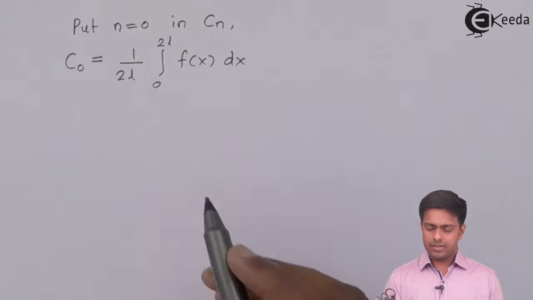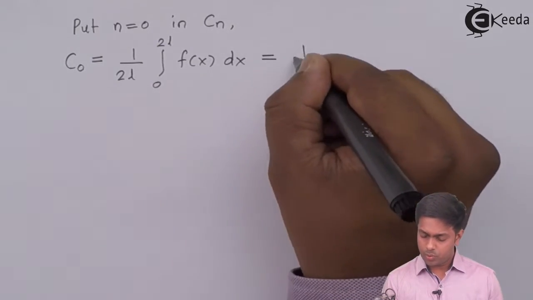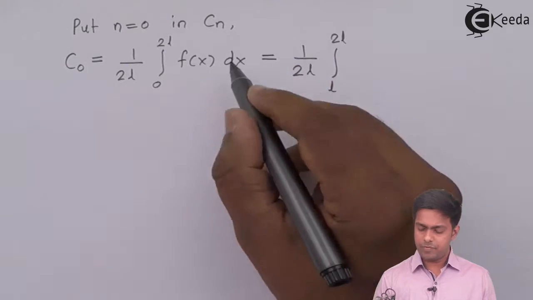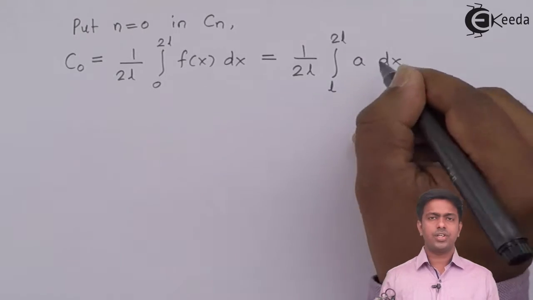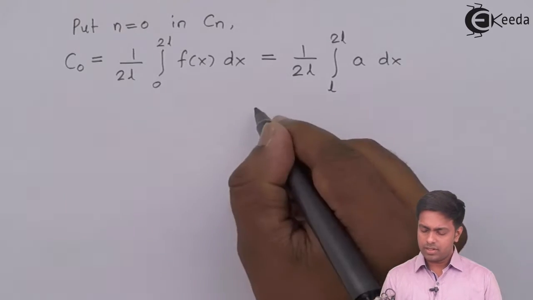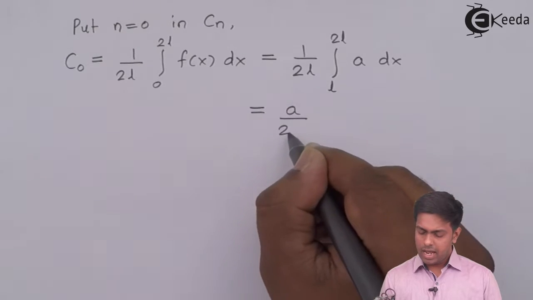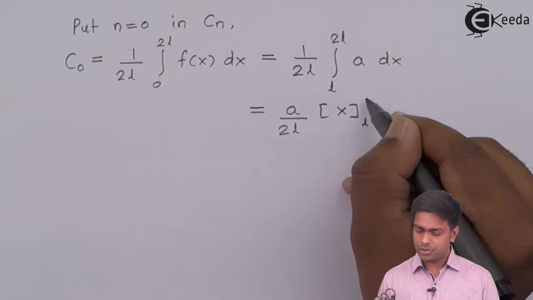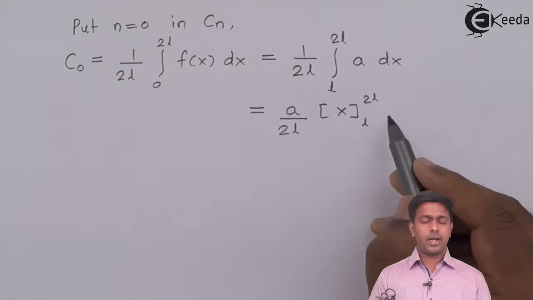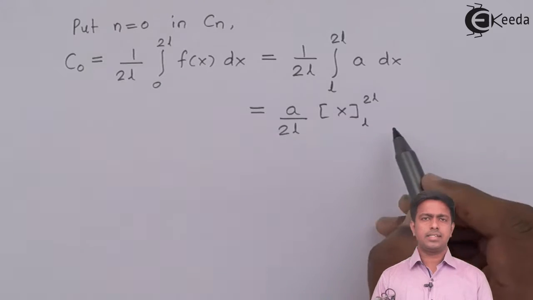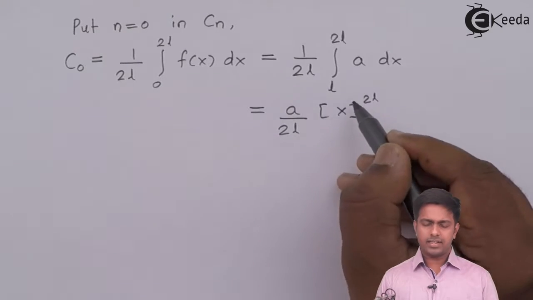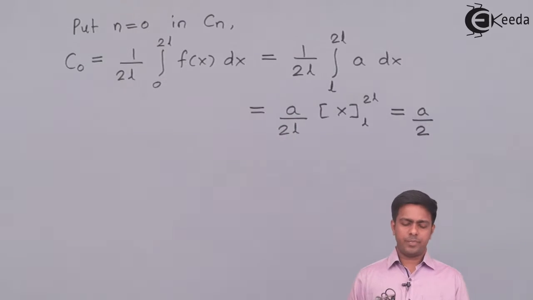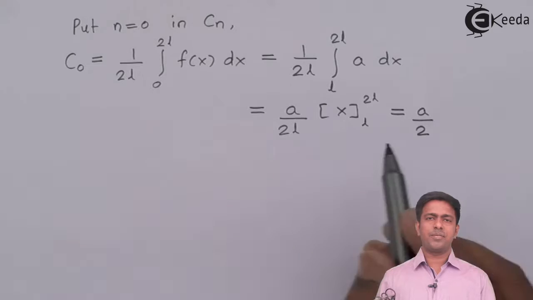So this will become 1 upon 2l integral from L to 2l, and that time f of x is a as given in the question. So a is a constant, I'll take it outside, so that will become a upon 2l, and integration of 1 is x, and the limit is from L to 2l. Now if I put the upper and lower limit, that will become 2l minus L is L, and that L will cancel with this L, and we will get the answer as a upon 2. So it means the value of C0 is a by 2.